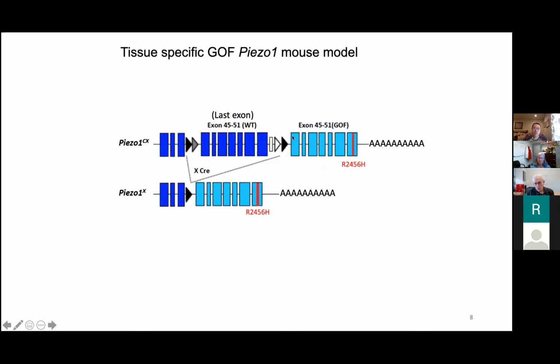So in the mouse genome, we floxed the wild-type last exon, and immediately downstream of it, we engineered a new copy of the same last exon, but with the gain-of-function mutation in it. In the presence of Cre recombinase, the wild-type copy is removed and the gene only expresses the cDNA that has the gain-of-function mutation.